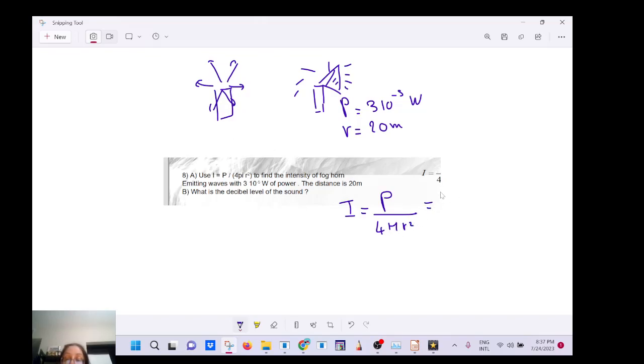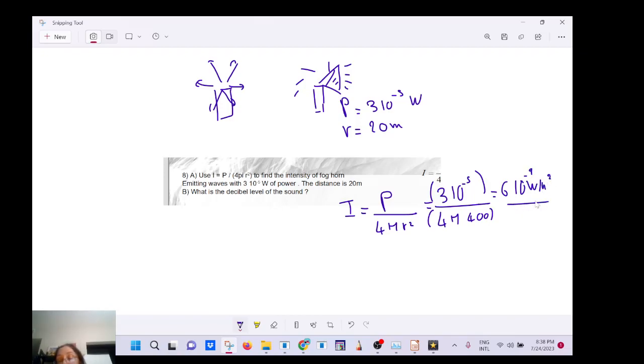So that's going to be 3 times 10 to the negative 5, over 4 pi, 20 squared is 400. You plug that into your equation, and I get 6 times 10 to the negative 9 watts per meter squared.